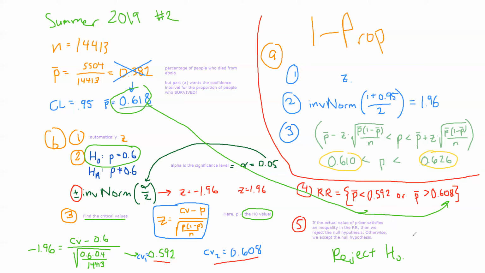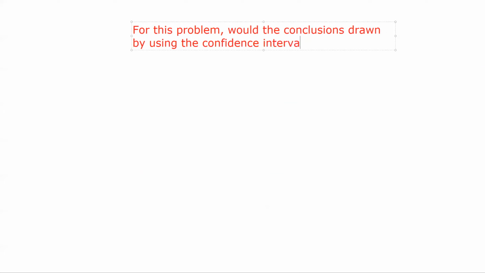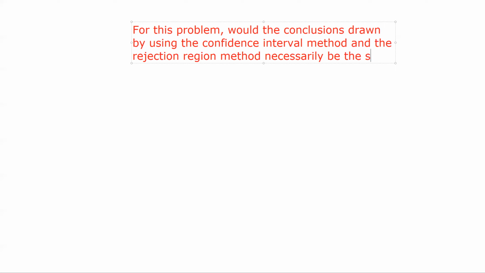Let's see, there's one more question here, part C. This is a very common question that is asked. I'm going to clear all this. A very common question is, for this problem, would the conclusions drawn by using the confidence interval method and the rejection region method necessarily be the same?